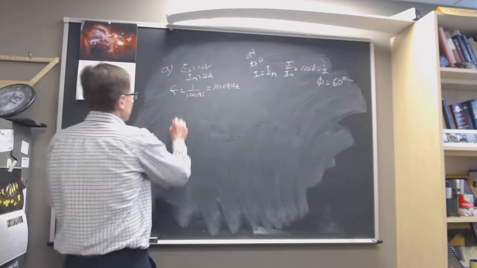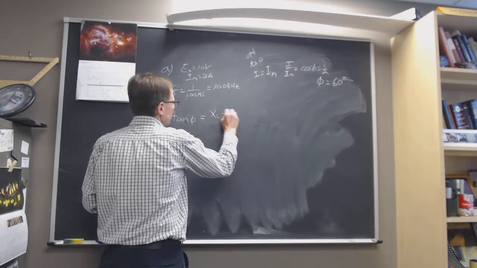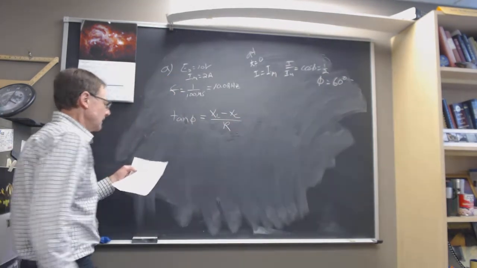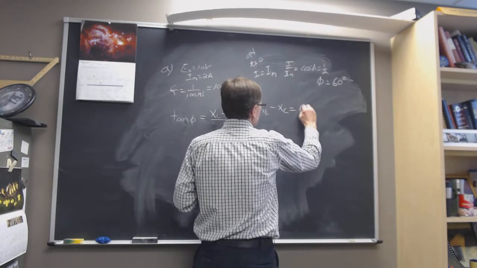And so we know that tangent of phi is x sub L minus x sub C, as we just did a moment ago for the other problem, divided by R. X sub L minus x sub C has to be equal to R tan 60 degrees.